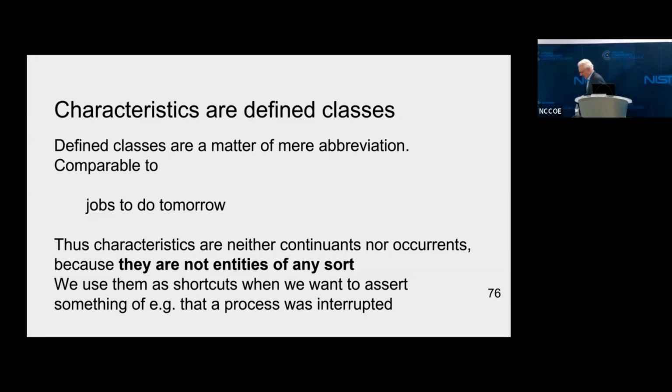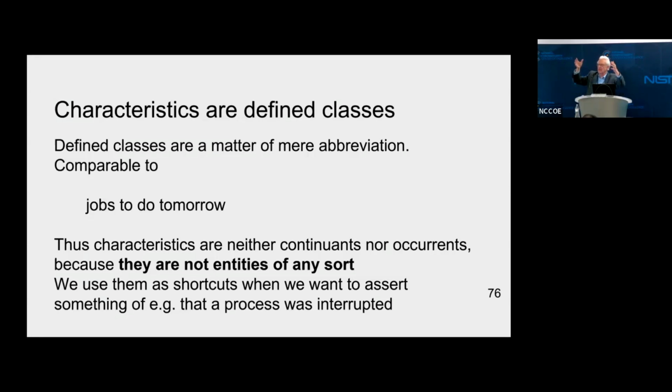Now, there are many areas within an ontology like BFO where we need to introduce abbreviations. So an example would be the term pet, which is an abbreviation for either a dog or a cat or a fish or a cockatoo or a piece of stone or anything that you treat as a pet. There is no universal pet.